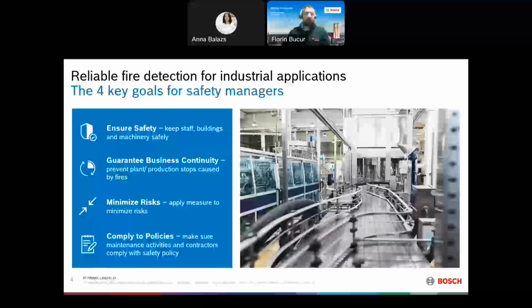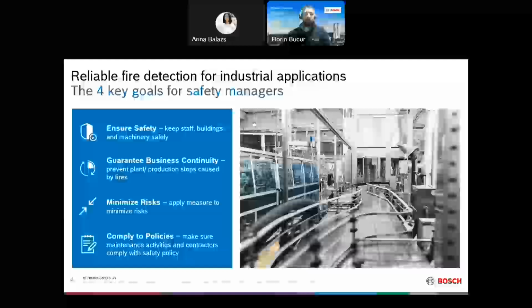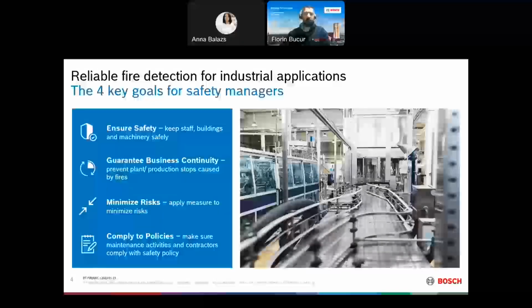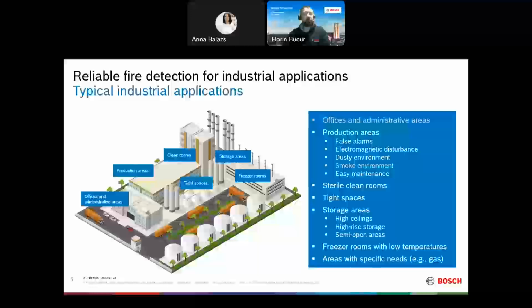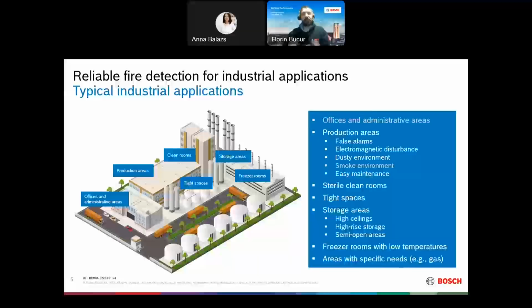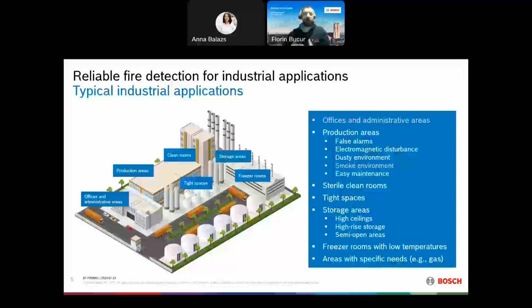So keeping these four key goals in mind, let's take a look at the typical applications inside of industrial facilities. We compiled the list you can see here, and we start with office and administrative areas, which are basically typical fire detection applications.